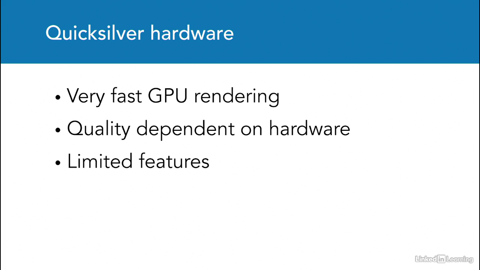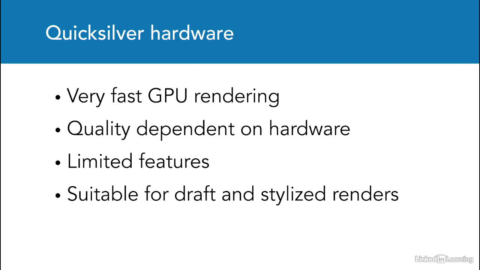Even if you have a video card that is capable of real-time ray tracing, Quicksilver is currently not up to date with that technology. Quicksilver is really great at lighting diffuse surfaces directly, but it can't accurately simulate bounce light or realistic reflections. It is suitable for draft and stylized renderings, and if you don't need ray tracing, it can be good enough for production output.